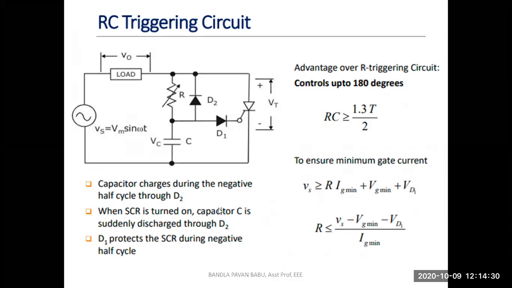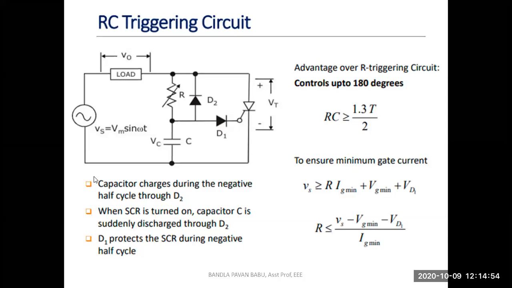Next we'll get into the RC triggering circuit, similar to the resistance triggering circuit. This is also the same as the resistance triggering, but in addition to that, small changes are made. So let's see. This is the circuit configuration of the resistance capacitance triggering circuit.